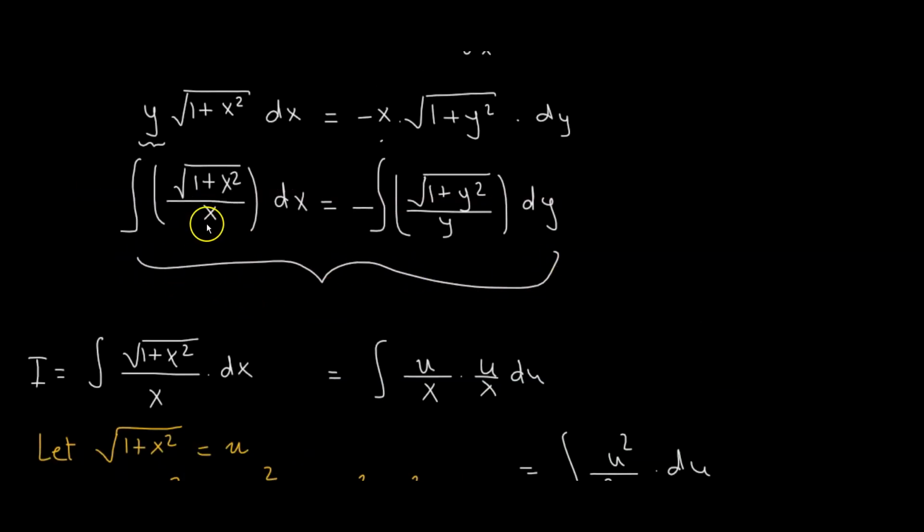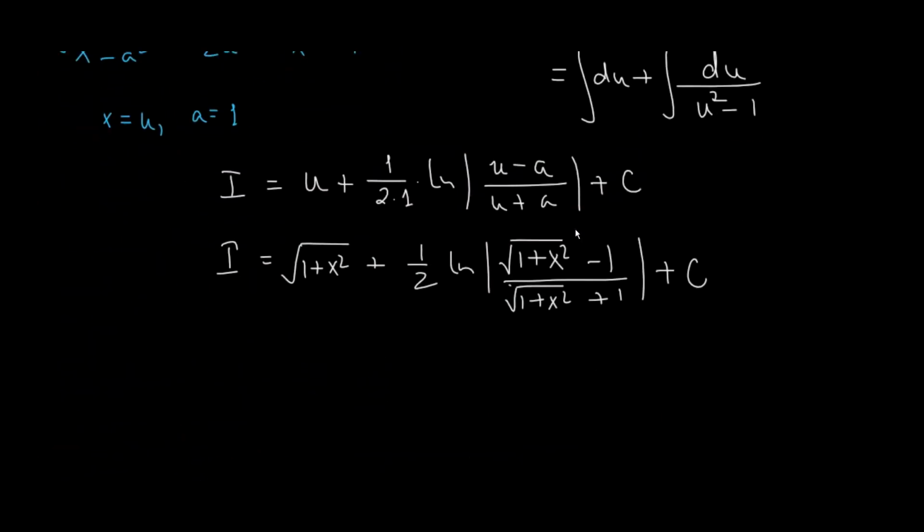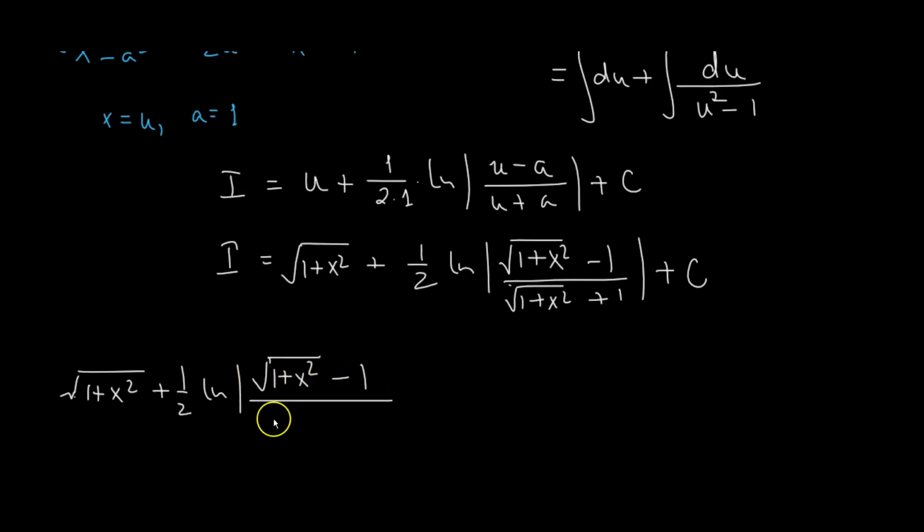So on the left hand side we have the entire integral in terms of x, and on the right hand side we have the integral in terms of y. So our final answer will be, so this value which is in terms of x, so we have square root of 1 plus x squared plus half times natural log of square root of 1 plus x squared minus 1 divided by square root of 1 plus x squared plus 1 equals negative.